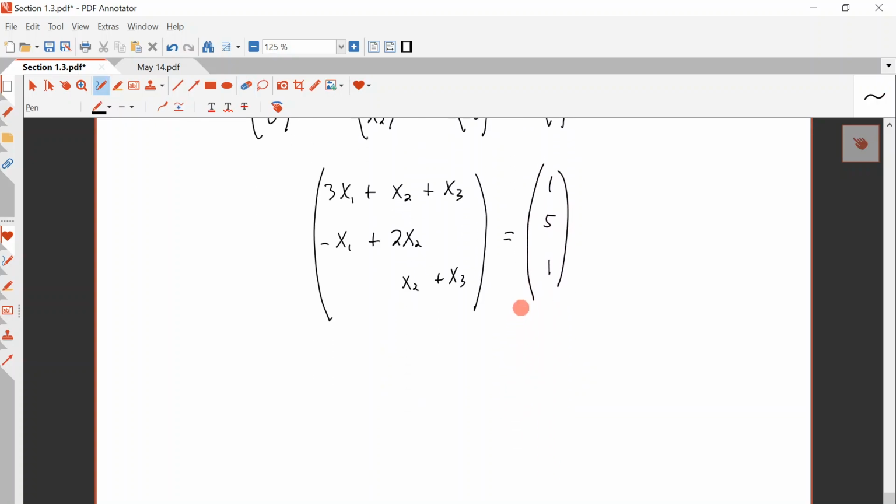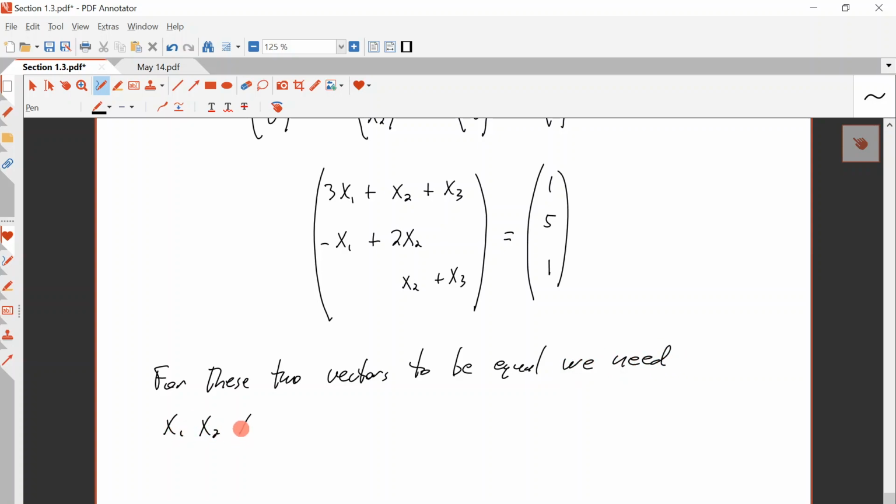For these two vectors to be equal, we need scalars x1, x2, and x3 to satisfy the following system of equations.